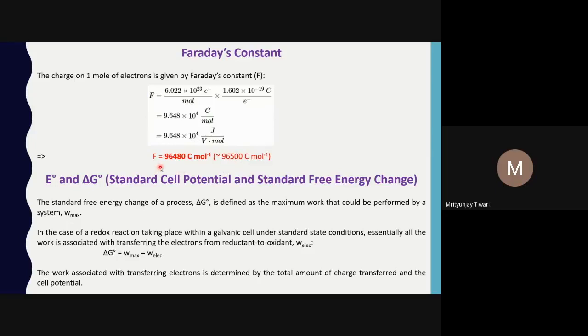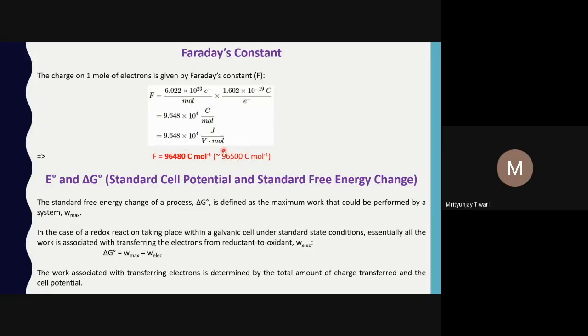So if you can remember the value of 487 or 485, whatever your book suggests, fine. But if that is difficult for you, you can remember this value. So F is 96480 Coulomb per mole, or approximately equal to 96,500 Coulomb per mole.